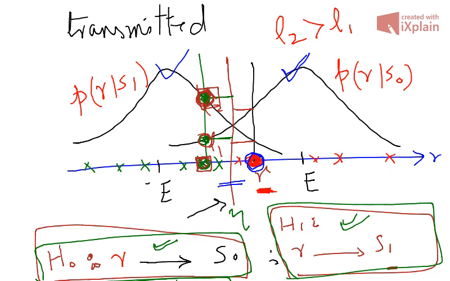If the likelihood of S1 is greater for this sample, the maximum likelihood detector would declare that S1 is transmitted. This is how maximum likelihood detection takes place at the communication receiver. And the maximum likelihood detector is actually the optimum detector in additive white Gaussian noise.